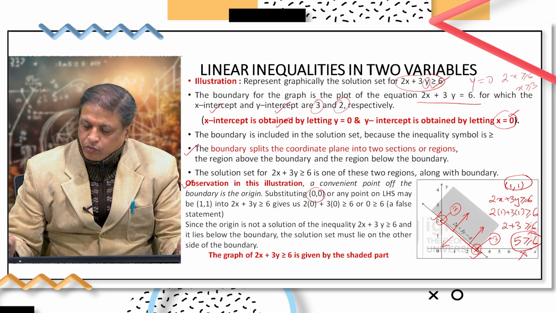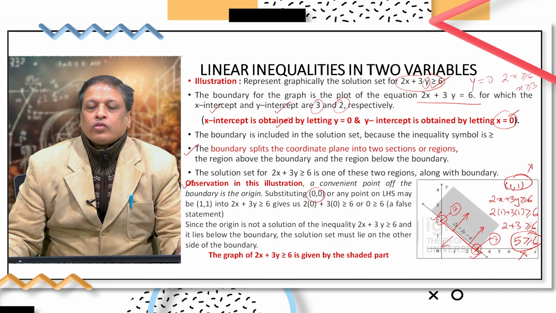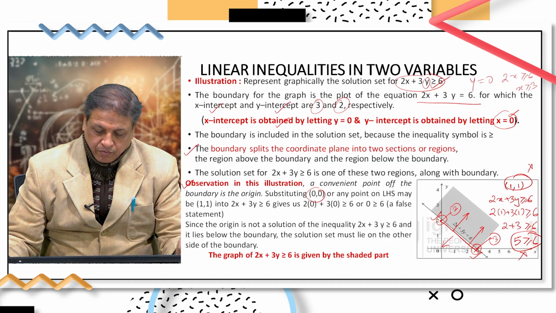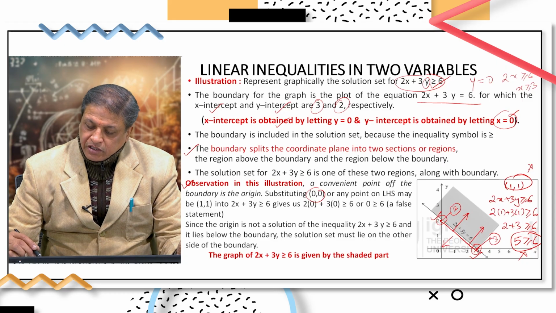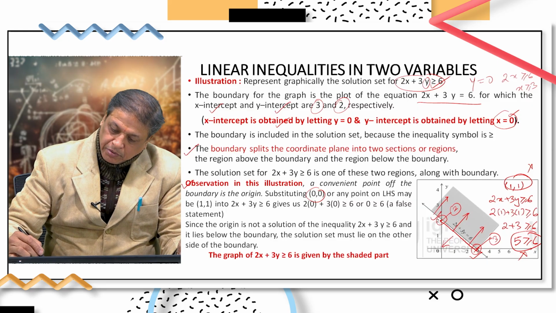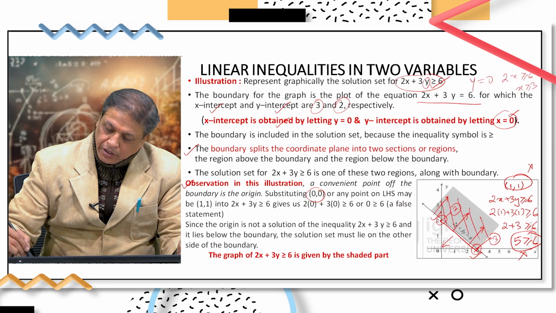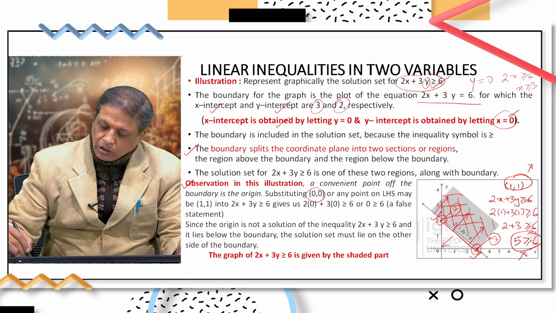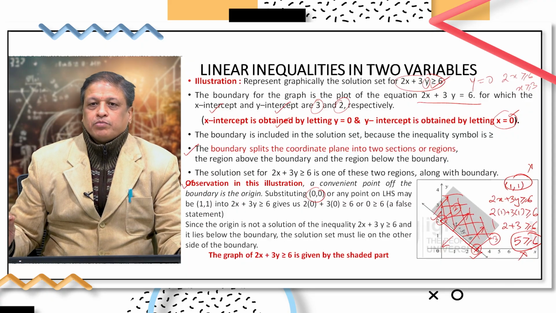So point 1, 1 also won't represent the solution set. That means all the points lying on the right hand side of the line, that is this shaded region, actually represent the solution set.